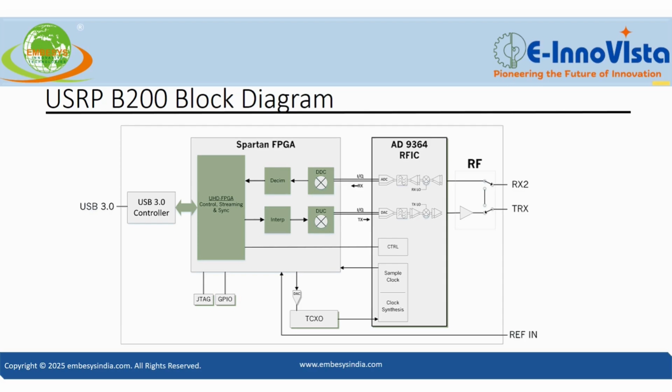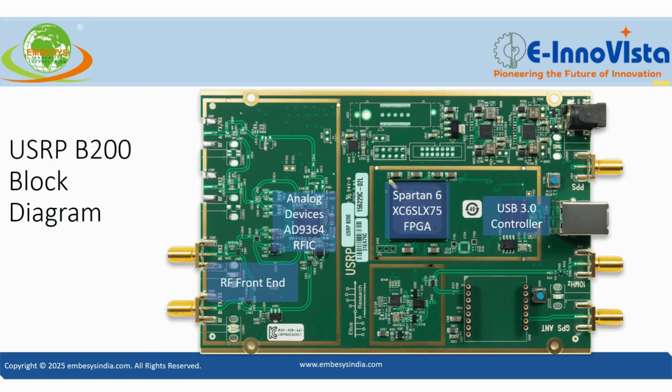And this device has a USB 3.0 controller, so you can easily connect it to your computer or any USB 3.0 port. That is the explanation for each block, each particular chip inside this USRP B200.